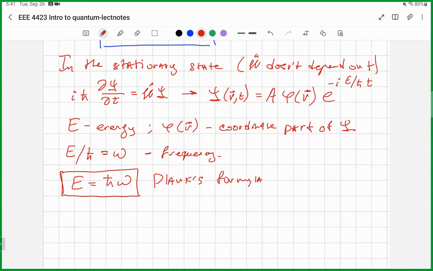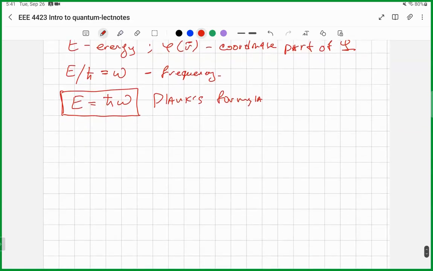Quantum mechanics appeared when Planck tried to describe black body radiation, and he could only describe it by assuming that the energy is emitted in portions, portion by portion, and these portions of energy, these quanta, have the energy h bar omega.